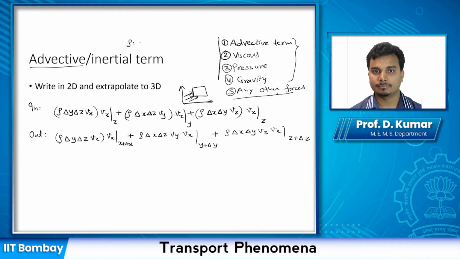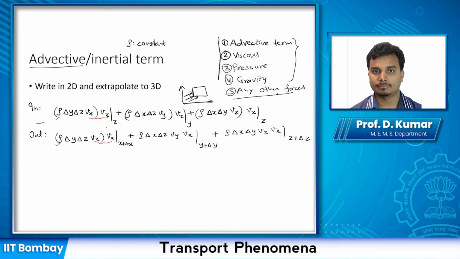Okay, so now we want to do in minus out, and let us consider a situation where your rho is constant, and what we do is you have to take this minus this. So let's look in a little more detail. If you do this in minus out, you can see that rho is constant, so this will be outside. These two terms here are at x plus delta x, and here it's x.